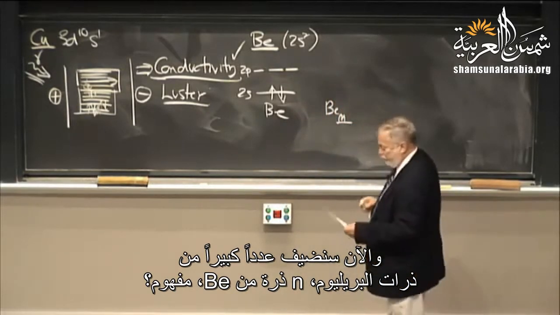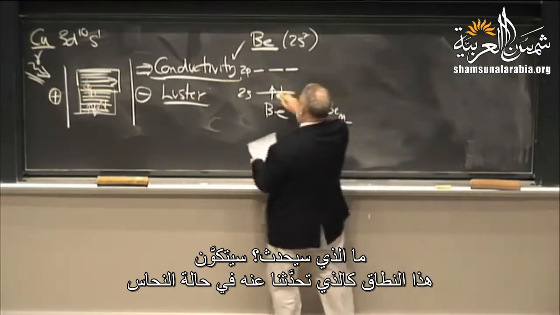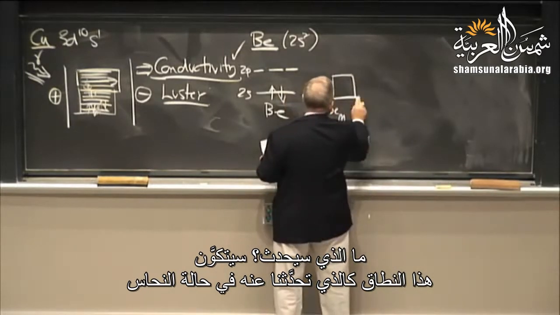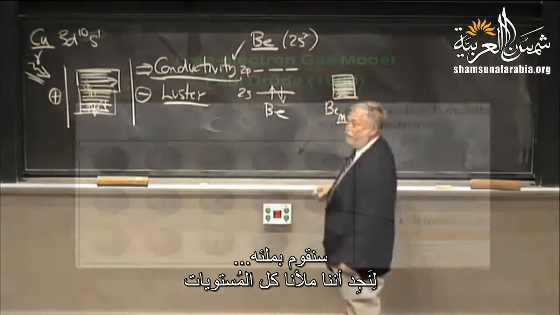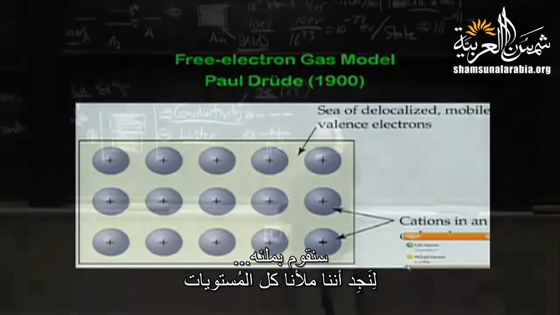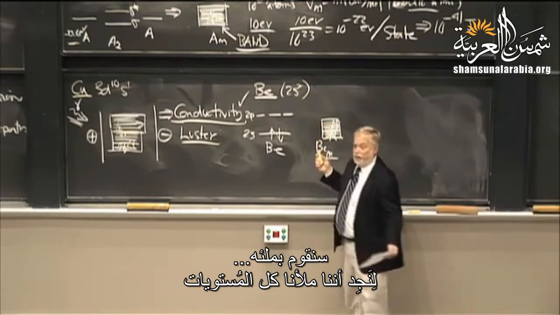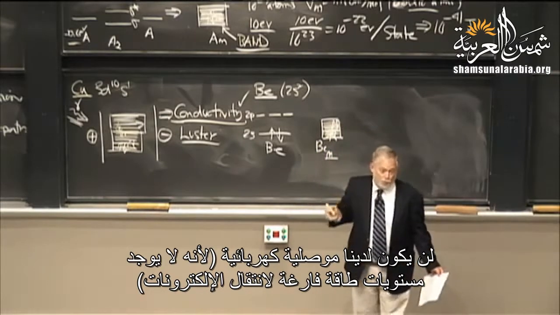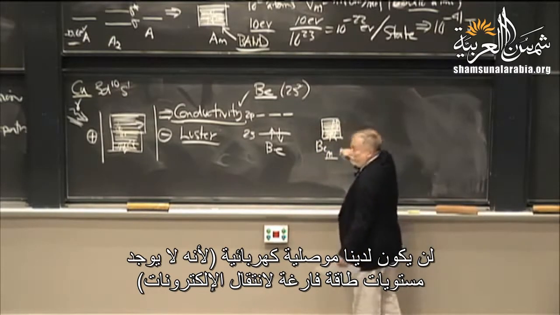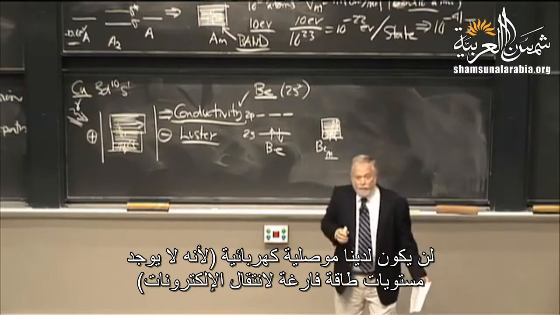What's happening? We've got this band that we talked about earlier. Now we go to fill it, and we fill it, and lo and behold, we find out that we fill it all the way to the top. And so we're screwed, right? We say we have no conductivity.